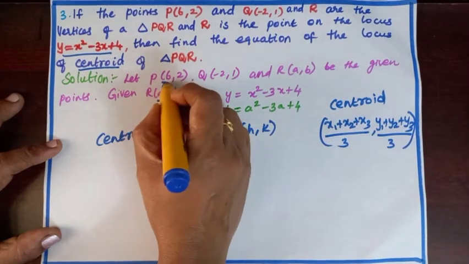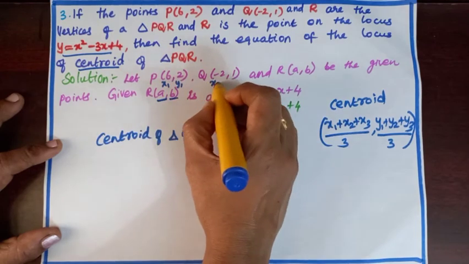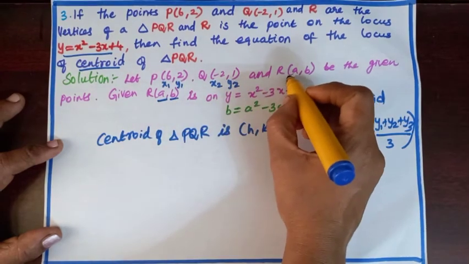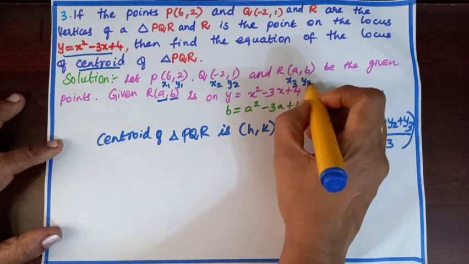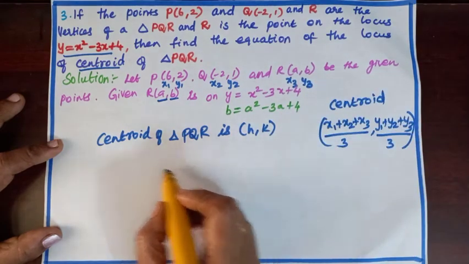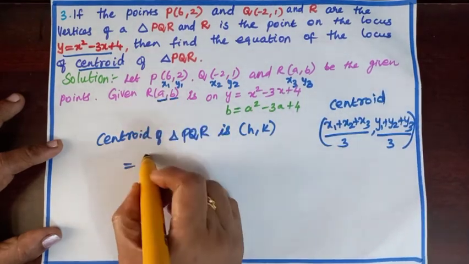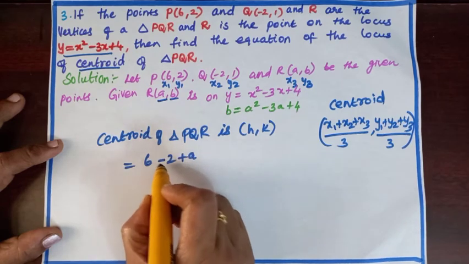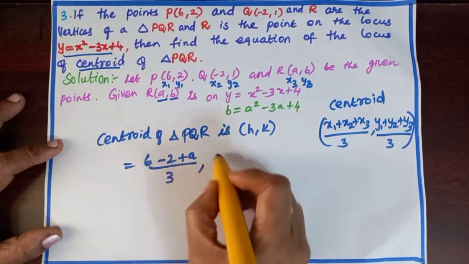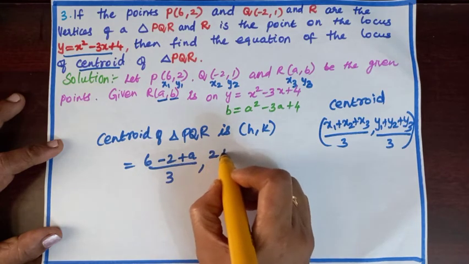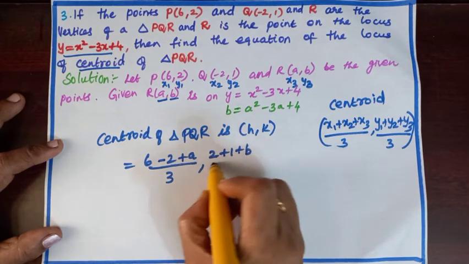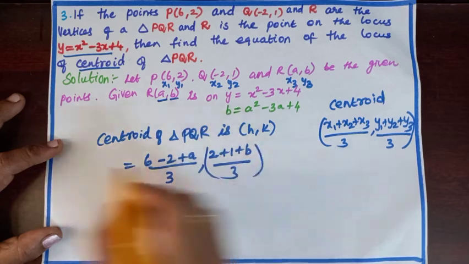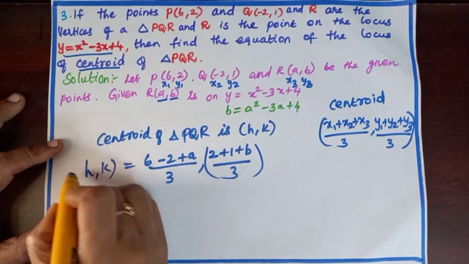Consider P as x1, y1, Q as x2, y2, R as x3, y3. Then we get (6 minus 2 plus a) by 3 comma (2 plus 1 plus b) by 3, which is equal to (h, k).